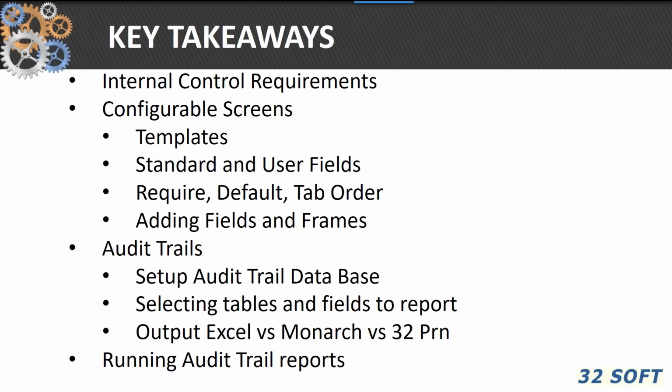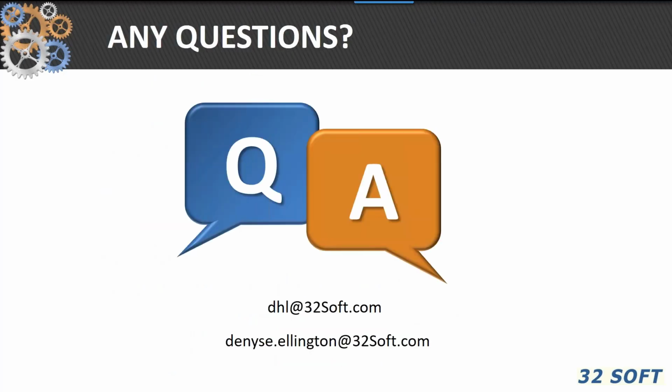I gave you some documents you could read for that, and then selecting tables and fields to report on, and then outputting from that 3612.2 into Excel for the pleasure of the audit teams. So that brings us to question and answers. I will give it back to Denise, and we can cover any questions that might be.